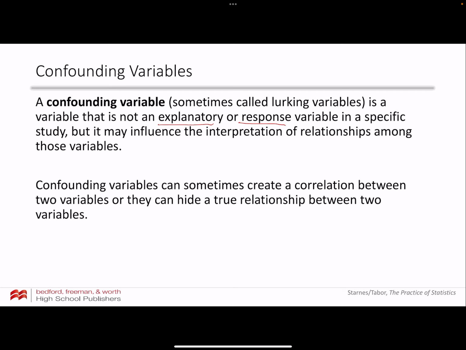A perfect example would be the silly example that we've looked at a couple times, like the income that the ski resorts have made versus the number of deaths due to tangled bed sheets, right? So there's not an explanatory response relationship. We don't think one necessarily causes the other to change, but there was a strong relationship.